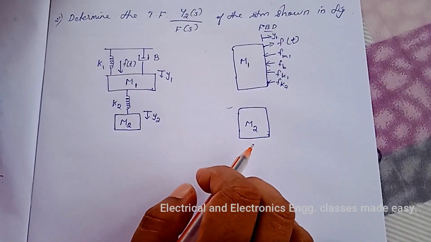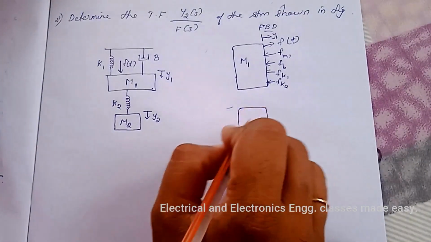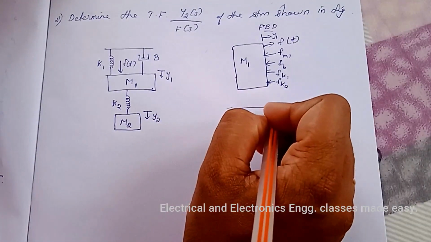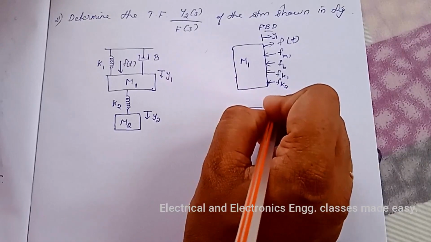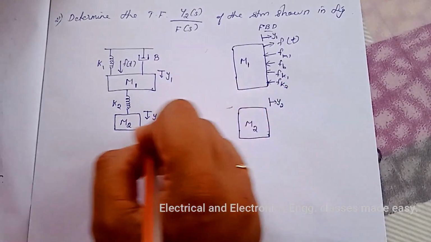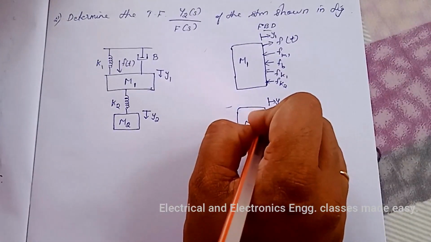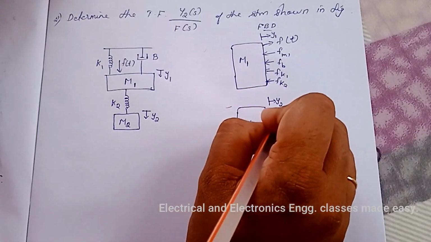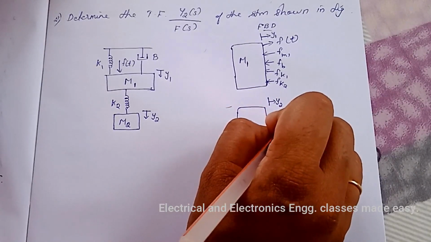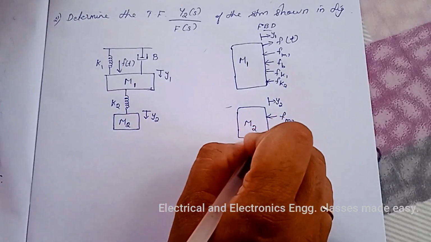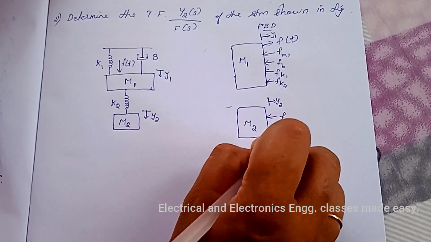And for this M2, the displacement is y2. Then two opposing forces are there. One is FM2, another is FK2.